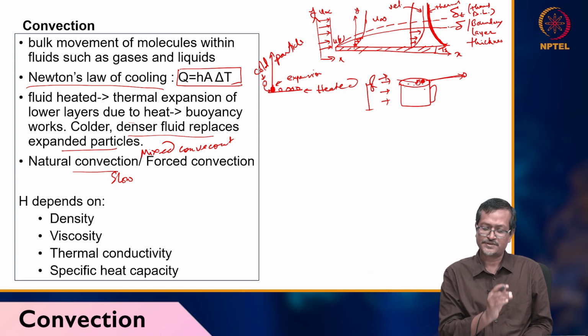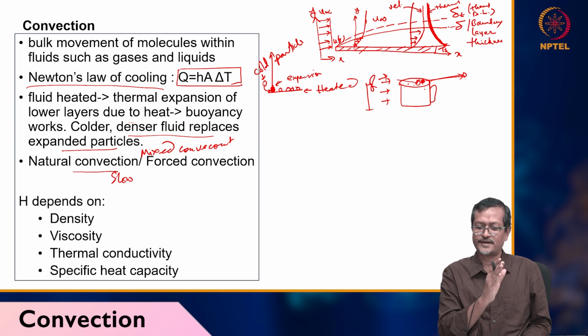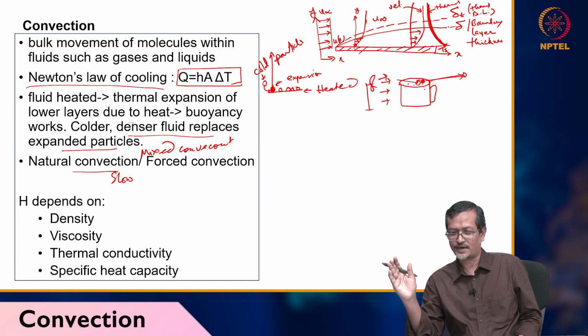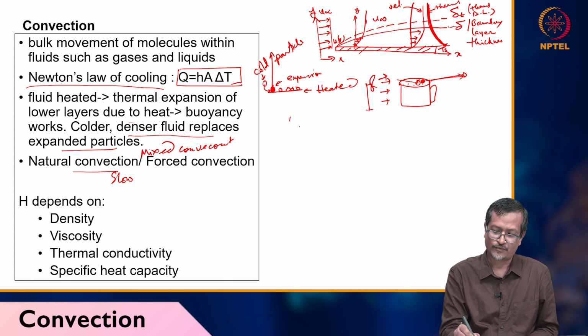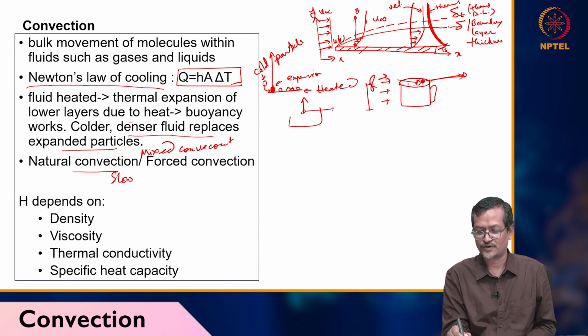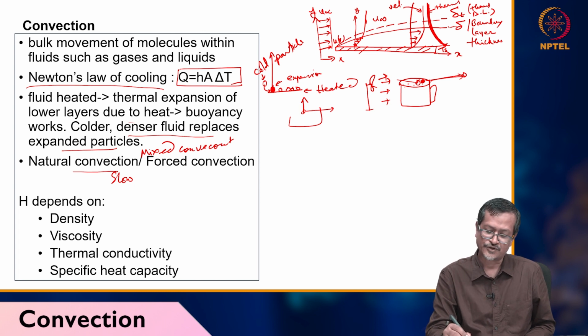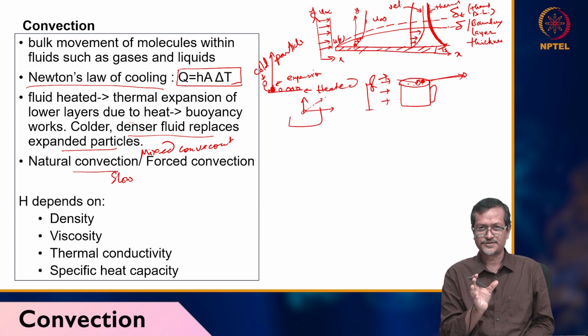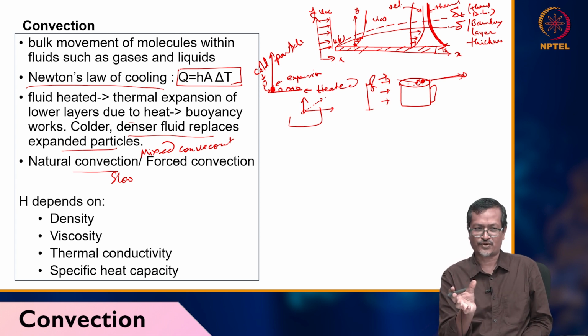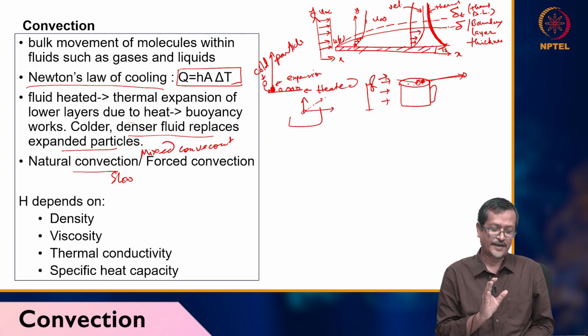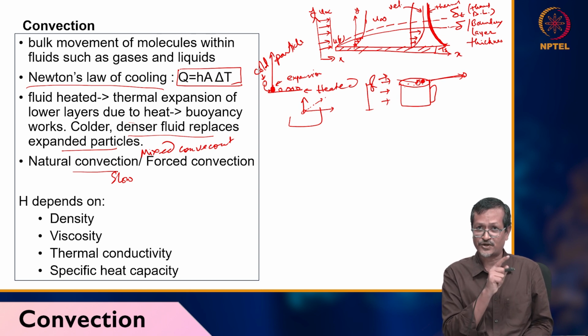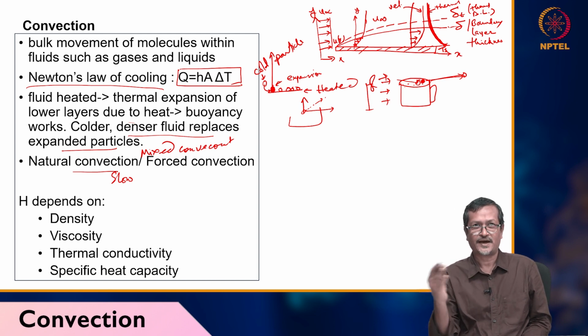Mixed convection means your air blast is not so high that the particle goes horizontally; rather, one particle is trying to go up, which is natural convection, while forced convection is going almost horizontal. Mixed convection will make a certain angle, so the heat transfer rate will be in between natural and forced convection. The convective heat transfer coefficient h will be lower for natural convection and higher for forced convection.